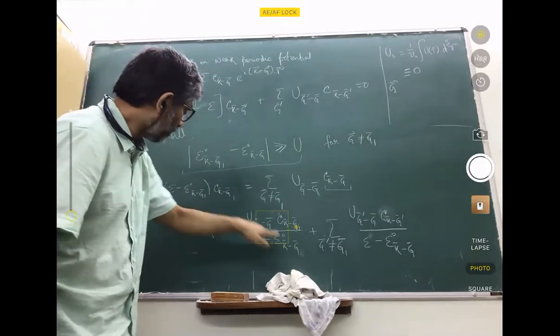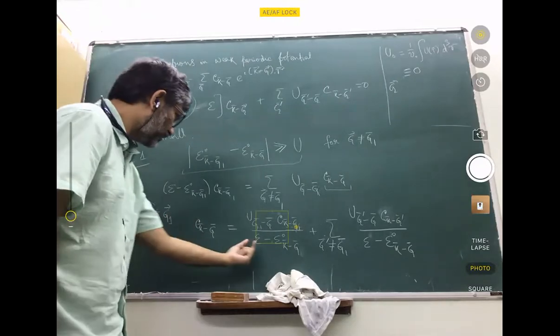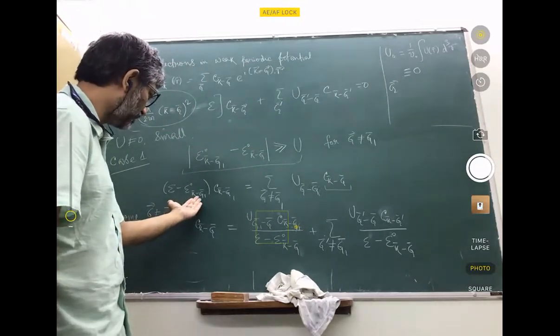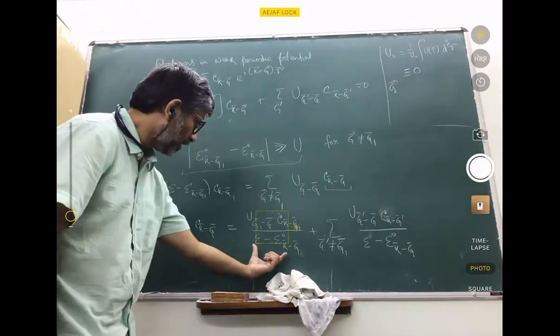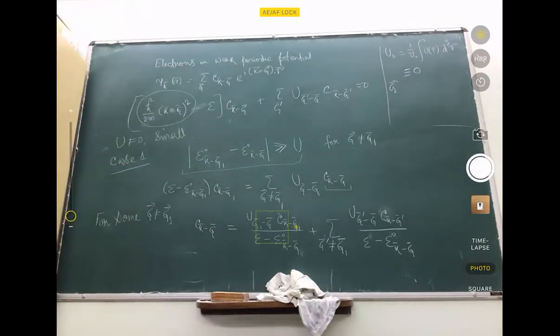So this epsilon, which gives the solution for K minus G1, is large compared to the scale of U. So the denominator in the first term is something that is large compared to the scale of U, and therefore it will not cancel the U in the numerator. In other words, that U remains in the numerator.